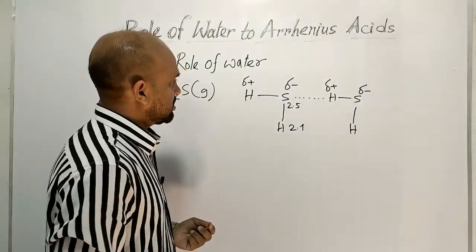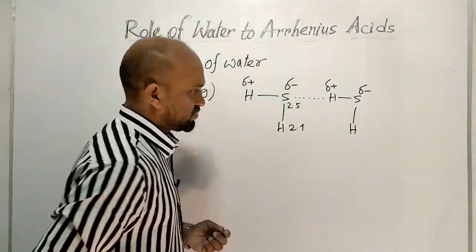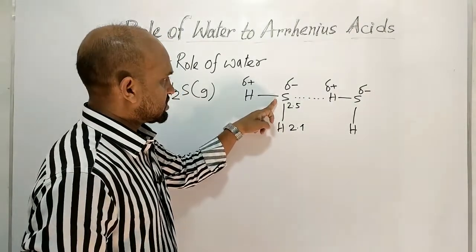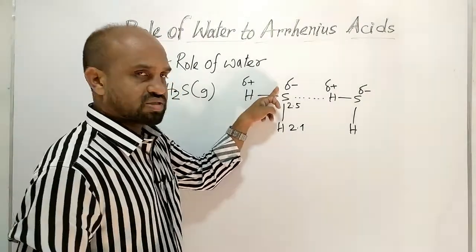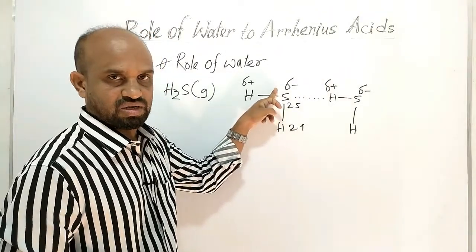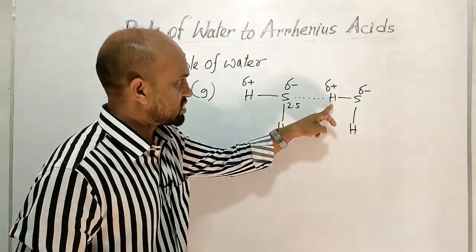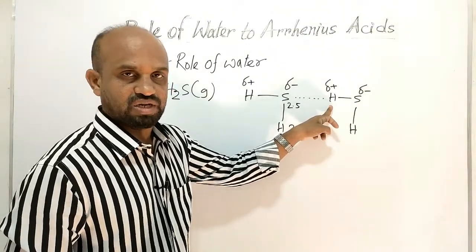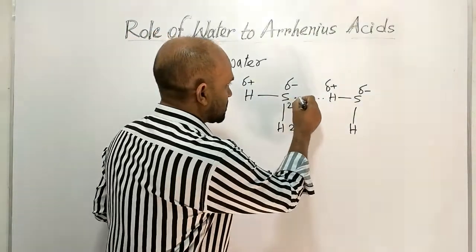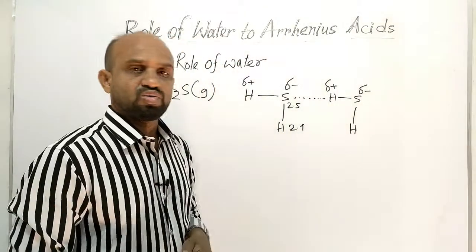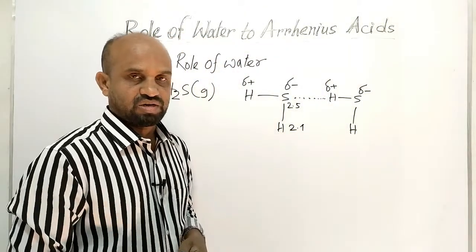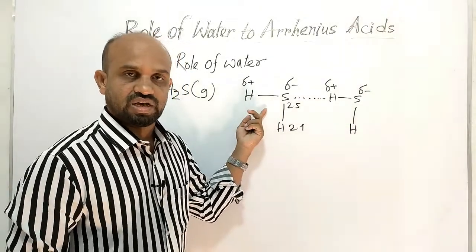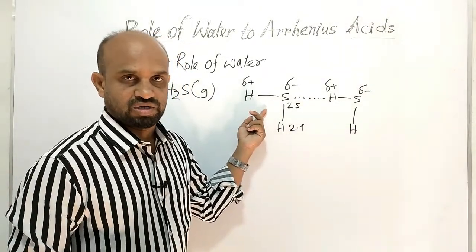But here the electronegativity difference is quite low. That is why the charge density over sulfur is not very high, and at the same time charge density over hydrogen is not very high. That is why this force is extremely weak, and for this reason hydrogen sulfide remains as gas but not liquid.